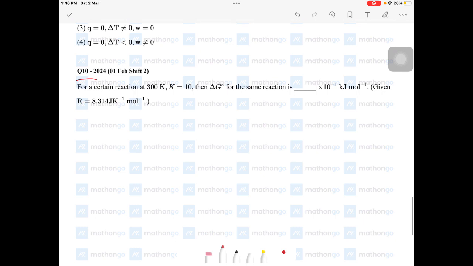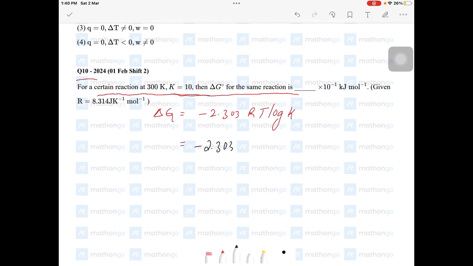Next, 10th one. For a certain reaction at 300 kelvins, K is 10, then find delta G of the same reaction. Delta G is equal to minus 2.303 R log K. Substitute the values.